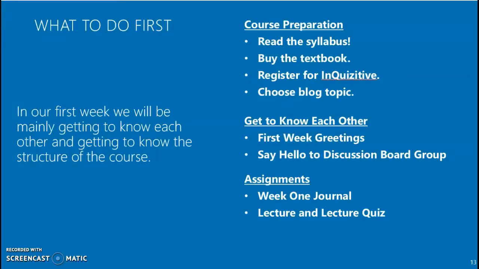Please read the syllabus. It's got a lot of information in it, so please go ahead and read it. Buy the textbook if you haven't done so already. Register for Inquisitive this week and choose a blog topic. All of those things are found under the first week's module.